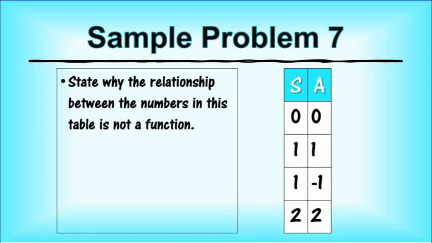This is not a function because if you notice, I have 1 both times as my input, but I have 2 different outputs. That can't happen. So the relationship between this is not a function.